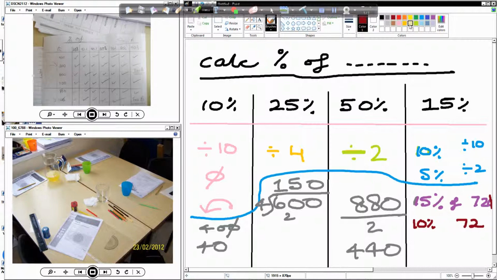Now we've got to work out 5%. 5% is half of 10%. So we've got to half the 72. That is 36.